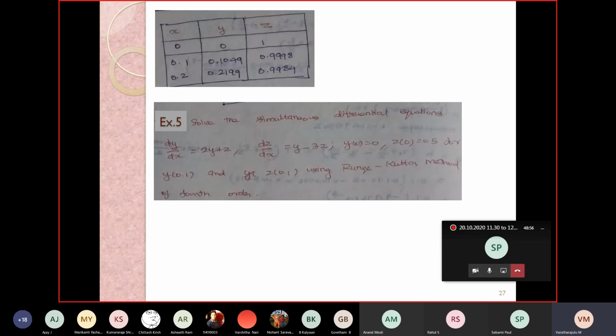Do you have any specific doubt over the Runge Kutta method, and why we need to see the Runge Kutta method? As we are all mechanical engineers, why do we need to concern ourselves about the Runge Kutta method? Anyone, please?